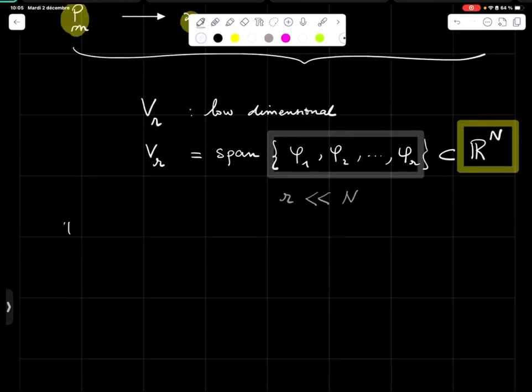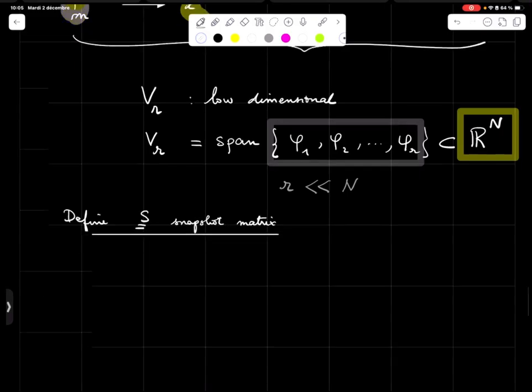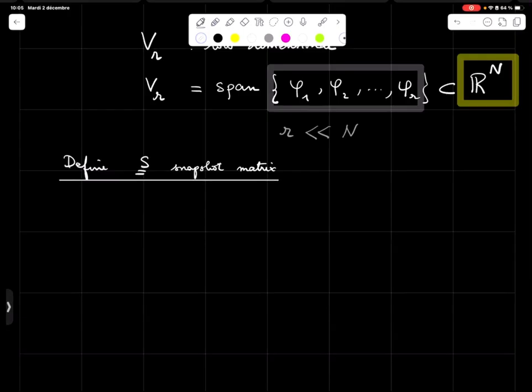And now I'm going to try to say, okay, what do I do with that? So I define S, which is a snapshot matrix. All right, so I define S. S is a snapshot matrix. What do I do with the snapshot matrix? Well, I say, okay, well, I'm just going to define it, and I'm going to put in that snapshot matrix everything.